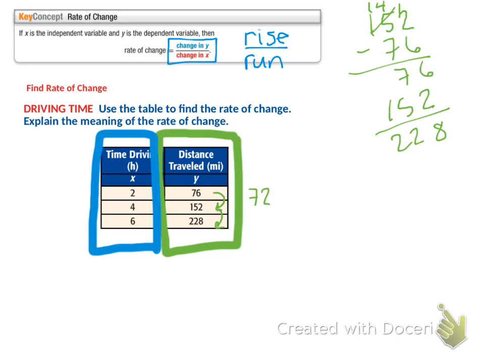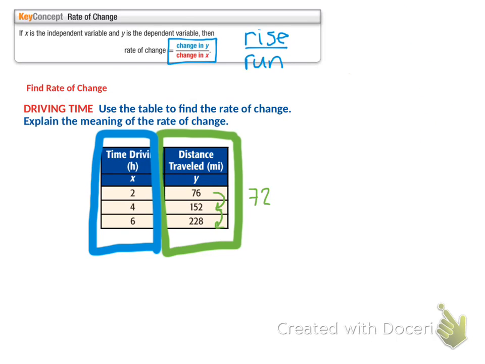Yep. Alright, I'm going to erase that so it doesn't get in my way. So the y values are increasing by 72. And the x values, take a look at those guys. Those are increasing by, something way easier, 2. So my change in my y is 72, and my change in my x is 2.